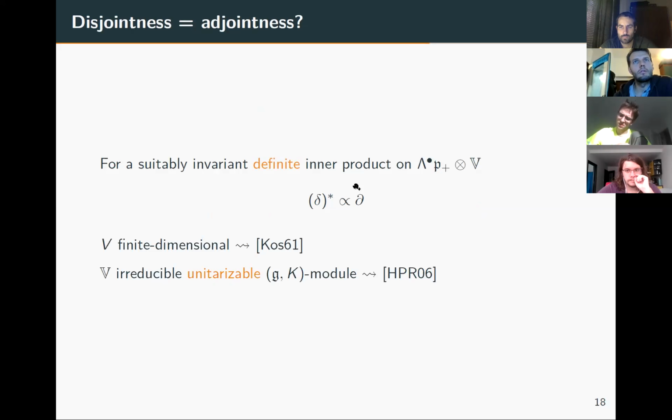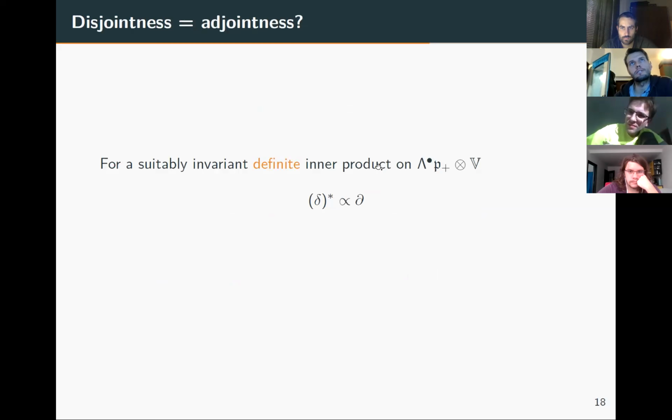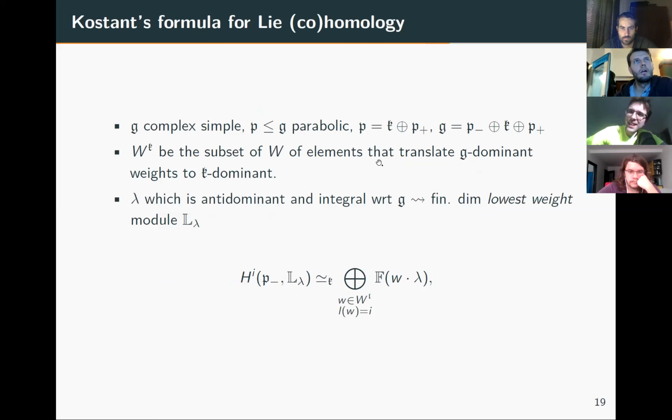So by this result of Kostant, we actually have this Hodge decomposition. So we have some canonical preference for these homology classes. And moreover, Kostant also gave a formula for these homologies or cohomologies.